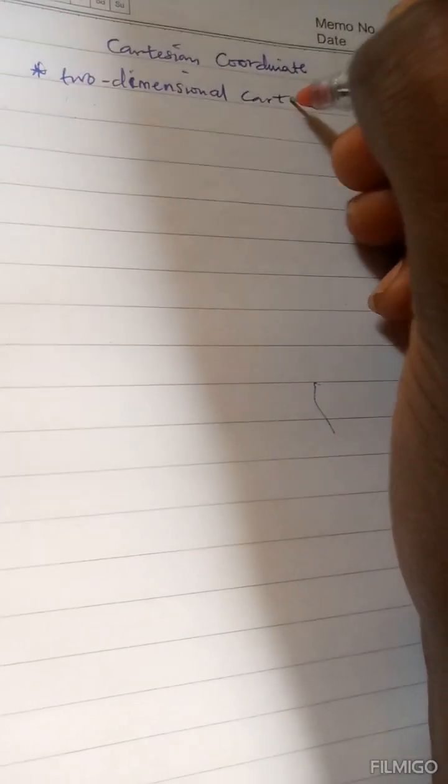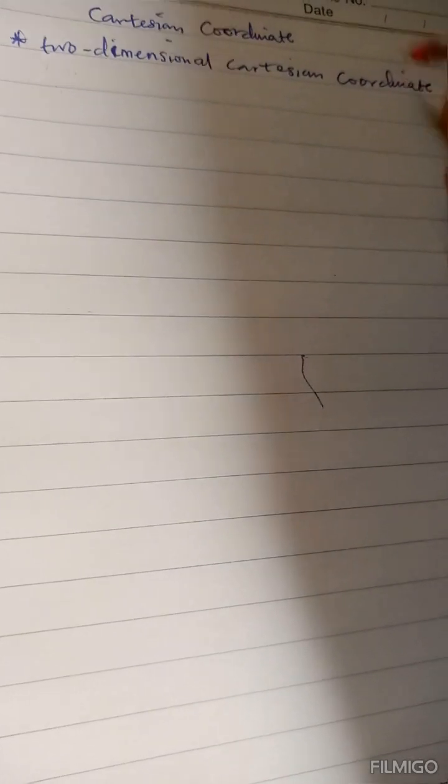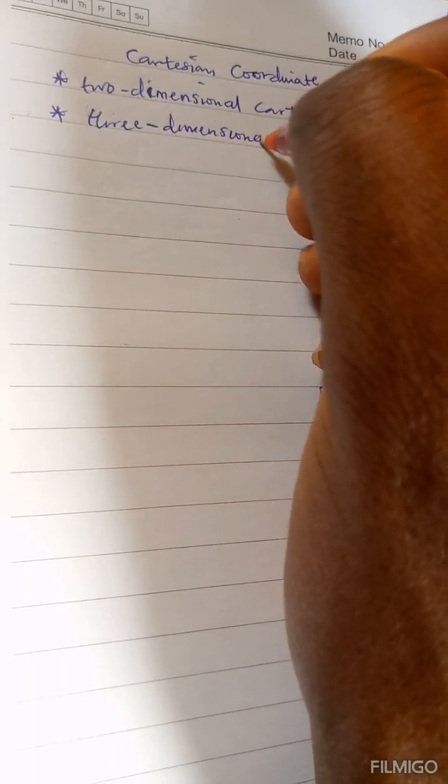So we have two-dimensional Cartesian coordinates, and we have three-dimensional Cartesian coordinates. I'll explain this too.